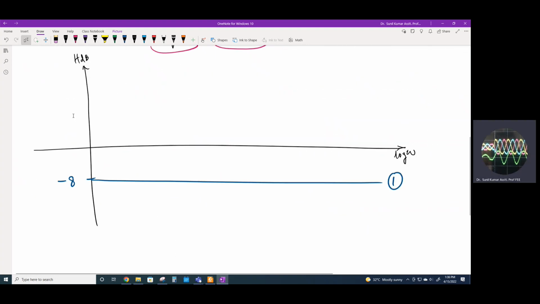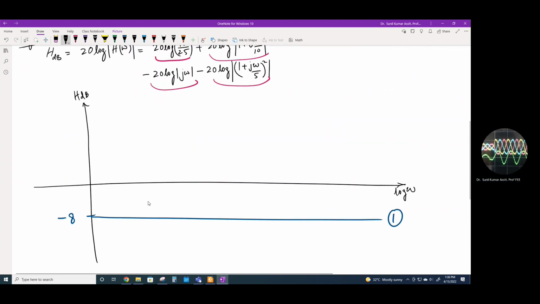So let's say I have omega equals 1 here, and let's say this is 10, this is 100. So this negative slope will be crossing at omega equals 1 with a rate of minus 20 dB per decade.